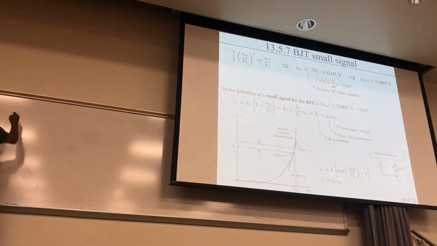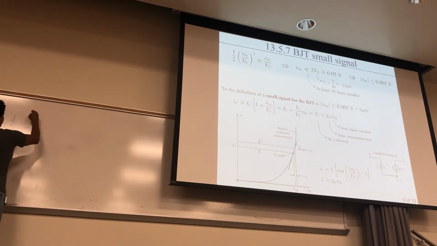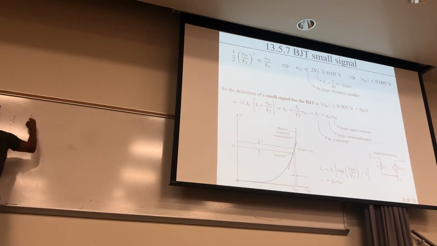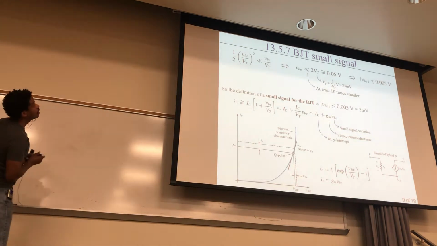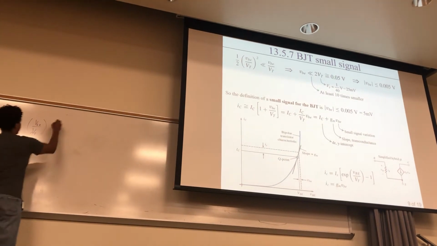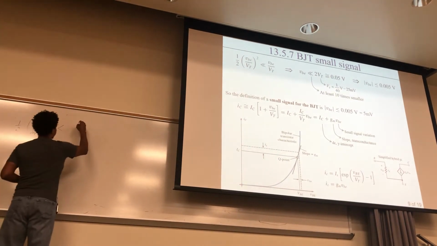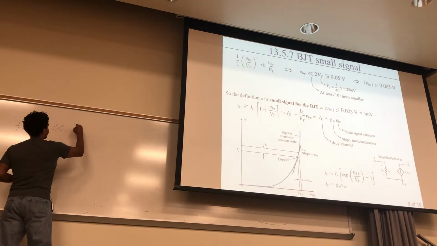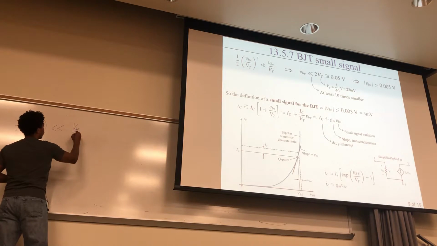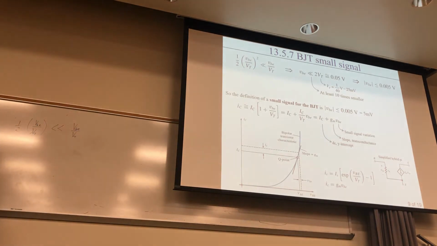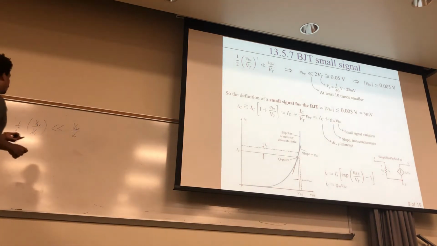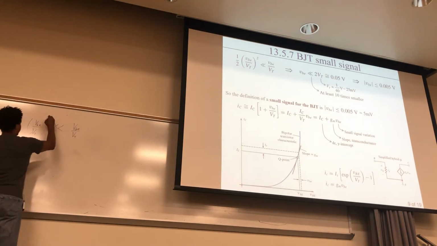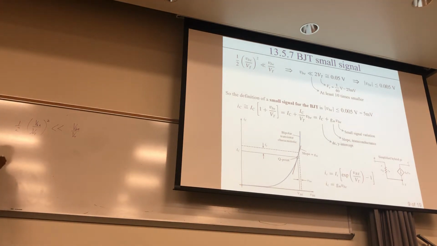So let's say you have 1/2 VBE over VT, and that's squared, and you want that to be much, much less than your first linear term. In this case, you just solve for your VBE.